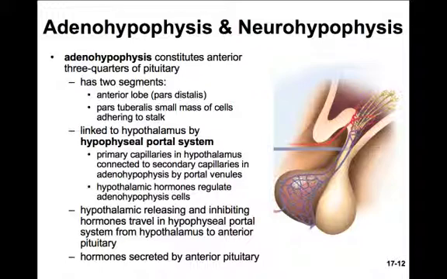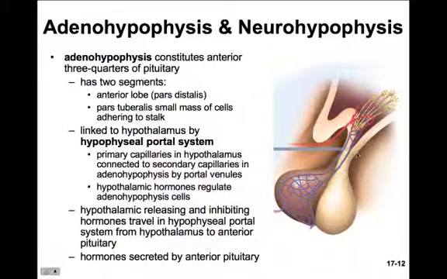A portal system is where we see one capillary bed linked by capillaries to another capillary bed. In this system, the primary capillaries are in the hypothalamus, and they're connected to secondary capillaries here in the adenohypophysis. They're connected to each other by portal venules.